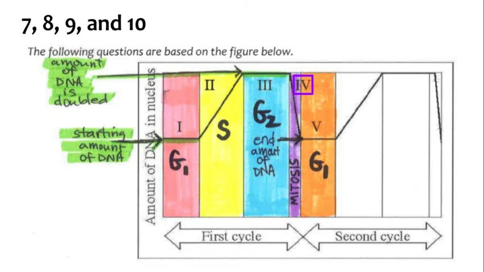The chromosomes and the copies are being separated, which then puts us down to the end amount of DNA, which is the same as what we started with in the 2 new cells. And so that means that 1 is G1, this is S, this is G2, IV4 is mitosis, and then these are the new cells in G1.